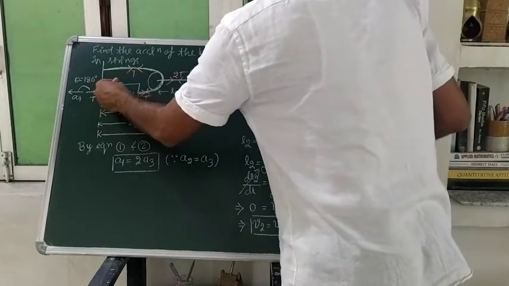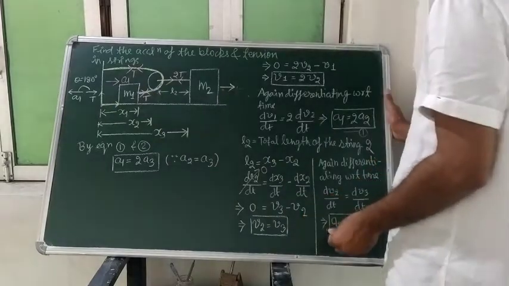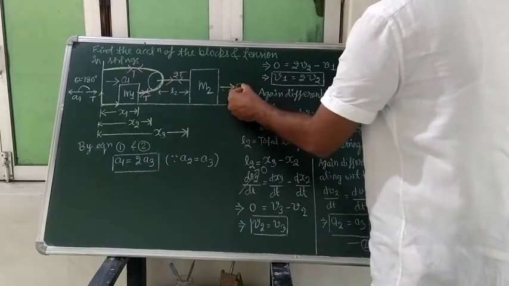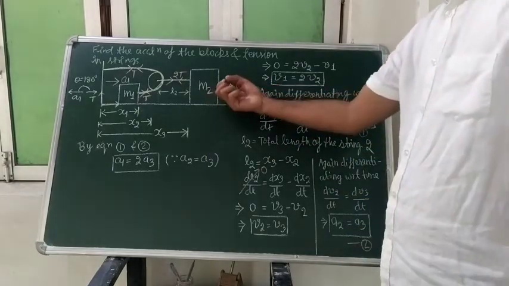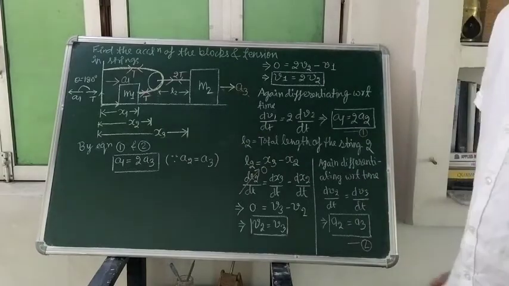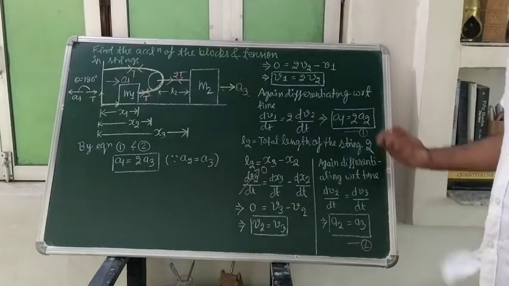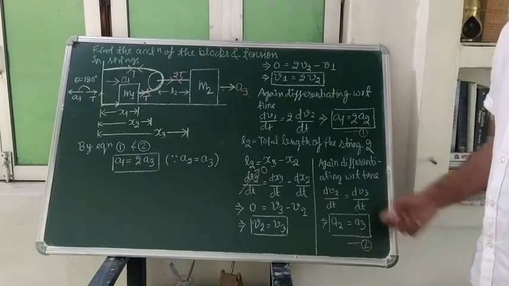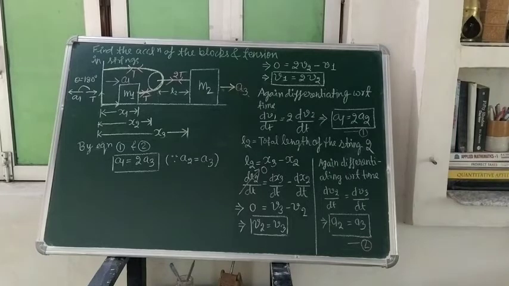So suppose I am saying they are in this direction, so A1 will be in this direction and A3 will represent the acceleration of this block 2, and they will be in the same direction since we are hitting the same side. Isn't it? So it is the traditional method of finding the relation between the accelerations. Okay, so you can write this.